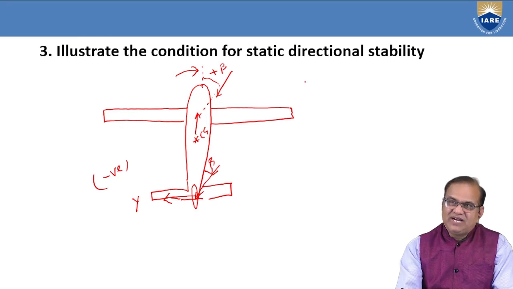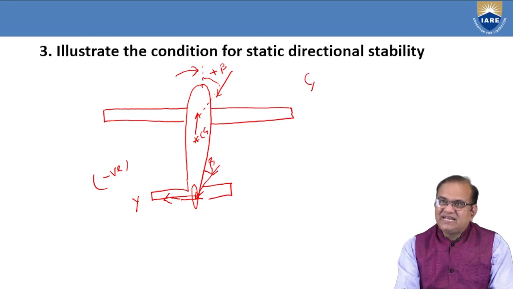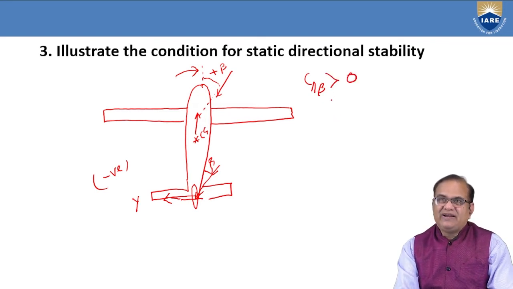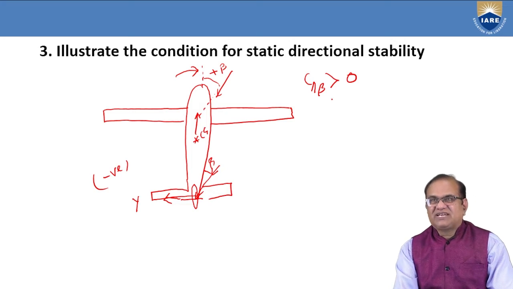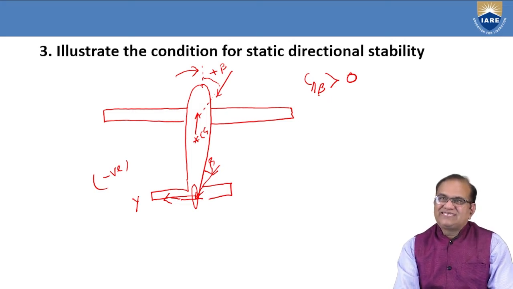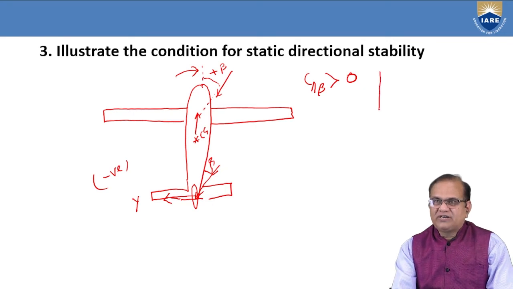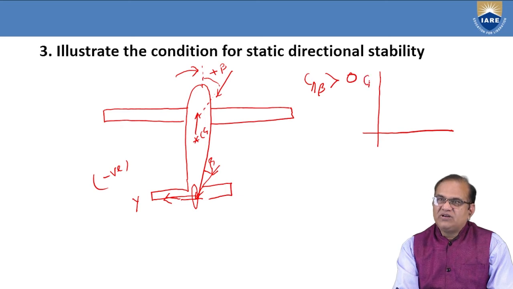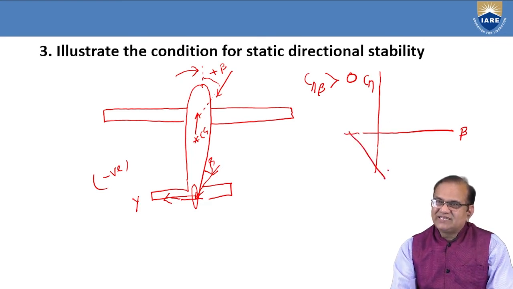The condition is what? The condition is Cn beta should be greater than 0. This is the required directional static stability condition for the aircraft. The Cn beta should be greater than 0. If I draw the plot for coefficient of yawing moment Cn versus side slip angle beta, it will go like this?